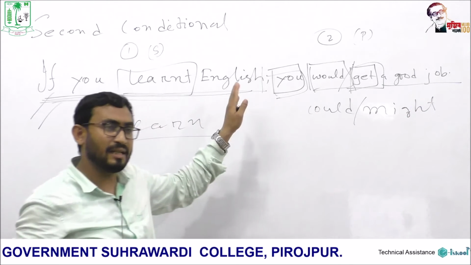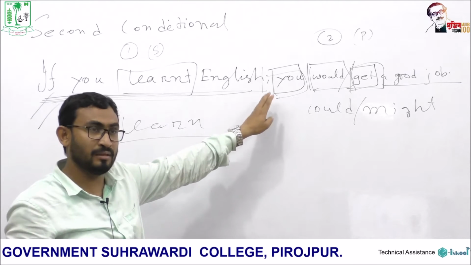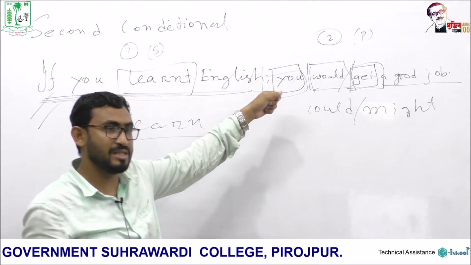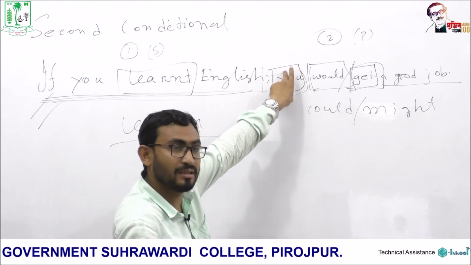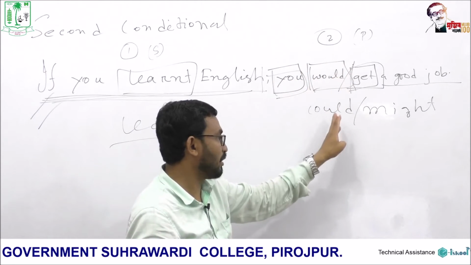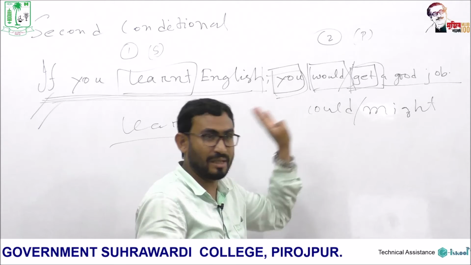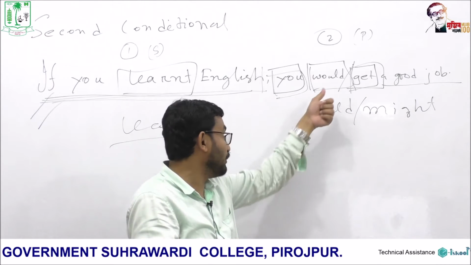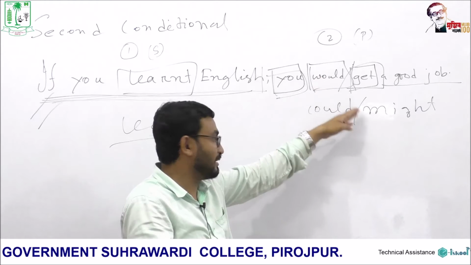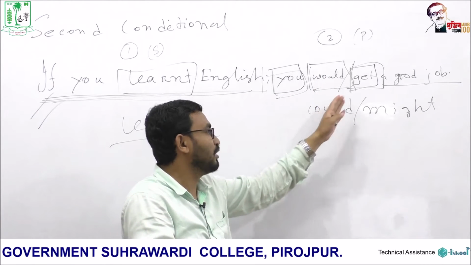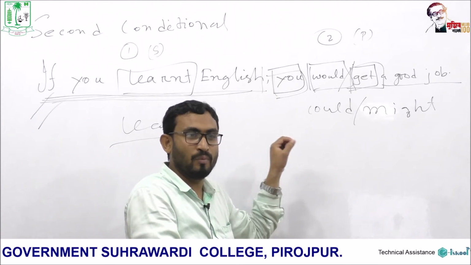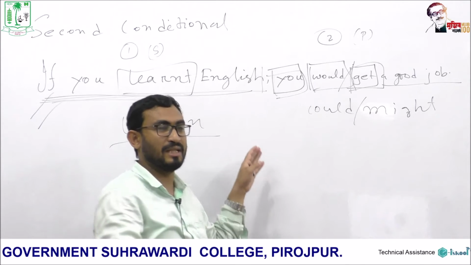So in a second conditional sentence, the principal clause should be written maintaining the structure: subject, then would or could or might, whatever is necessary. That is, you should not use all the three together. Just use either would or could or might, any of the three modal auxiliary verbs.